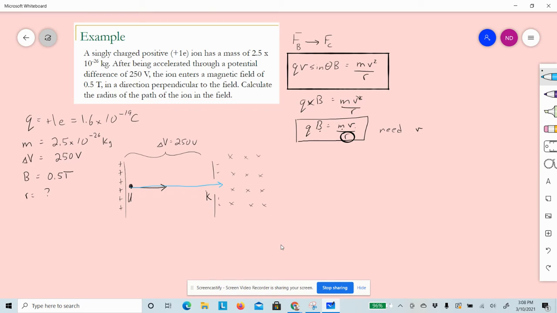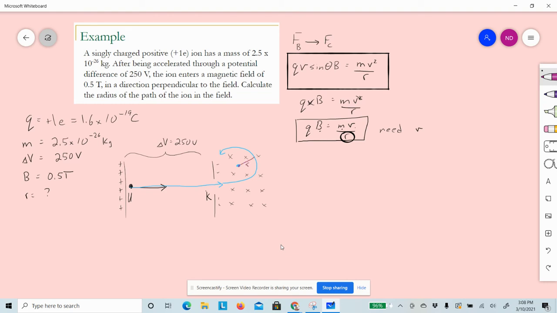If that thing is positive, it's going to get curved around that way. Think of your right-hand rule. Thumb would be going across the page, fingers into the screen. Your palm would push it all this way around there. You want to know what the heck is that radius of that curvature.